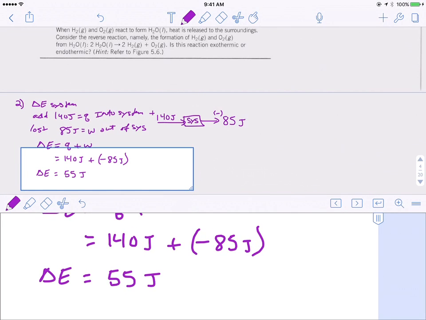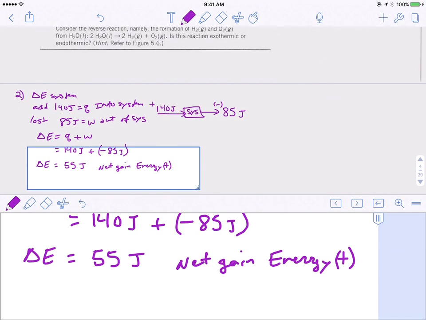So this is telling us that overall the net gain of energy is positive. If the net gain of energy is positive, that means the overall process itself is endergonic. Double check that, well, we have a positive 55. So energy has been added to the system, it's endergonic.